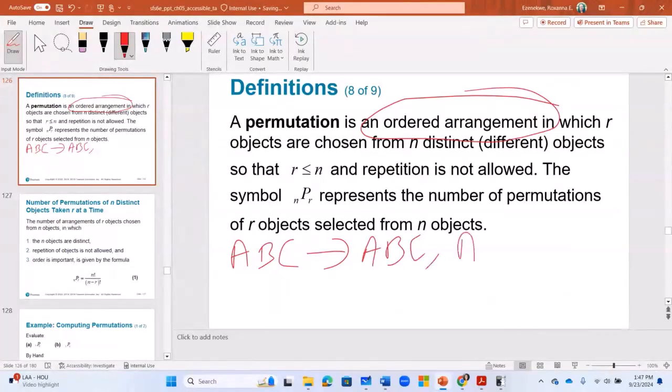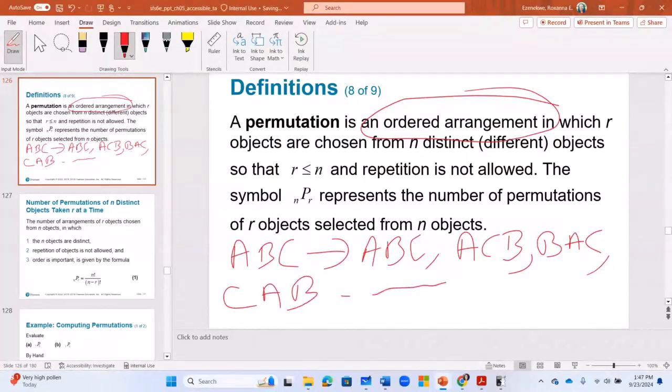The second one is A, C, B. The third one is B, A, C. ABC is a different order. ACB is a different order. BAC is a different order. You see? And CAB is a different order, and so on. Wow. So how many of them can I even have?